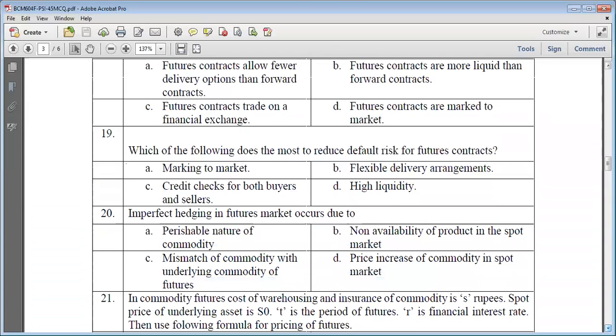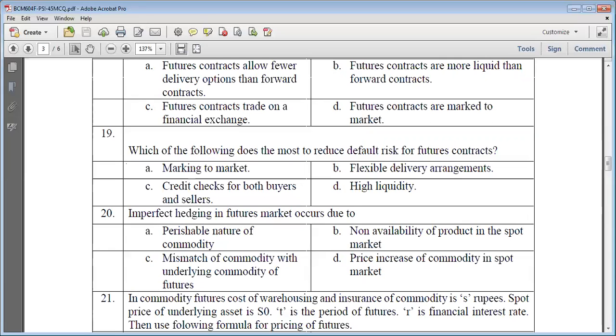Now in problem number 19, which of the following does the most to reduce default risk of the futures contract? Marking to market is a strategy adopted by the clearinghouse, where each party has to keep some security money, which is adjusted on a daily basis according to the fluctuation of the price of the underlying asset.